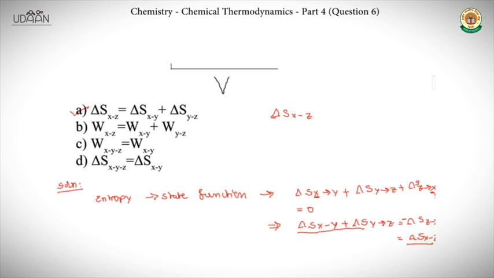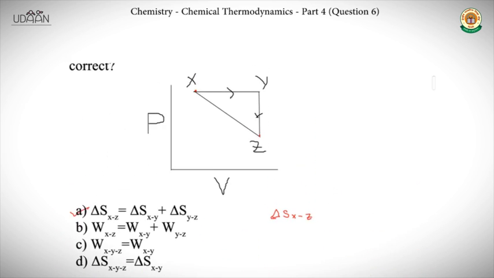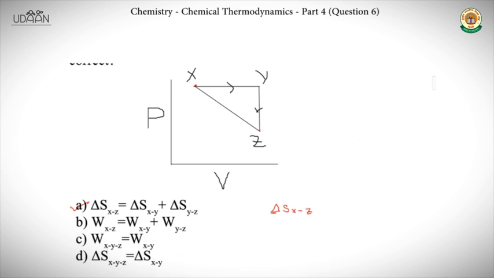Coming to option B, they are asking about work from X to Z. Is work done a path function or a state function? It's a path function, so it depends upon the path. They're asking from X to Z. This is X and this is Z. If given a PV diagram, work done is the area under the PV graph.